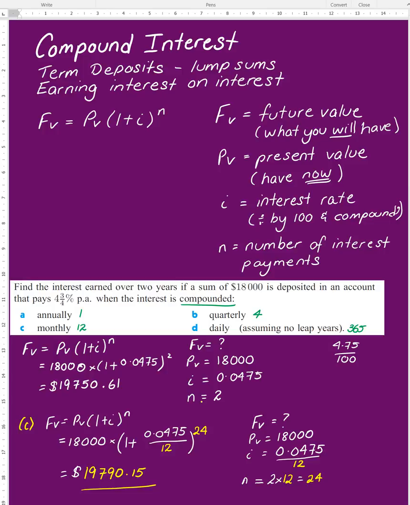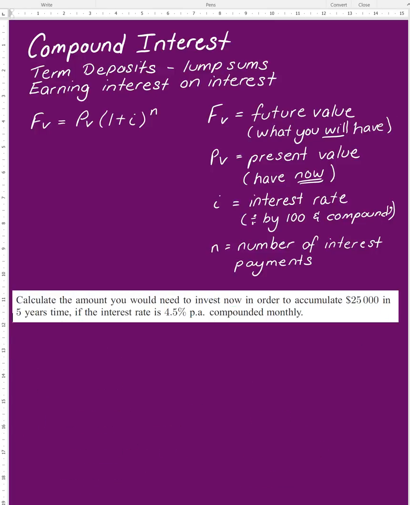Let's look at just one slightly different problem. Okay, so a slightly different problem. And once again, we read, calculate the amount you would need, blah, blah. I'm skimming, and as soon as I see, again, compound interest, compounded monthly, I go, aha, it's compound. So again, I'm looking at this formula here. So calculate the amount you would need to invest now.